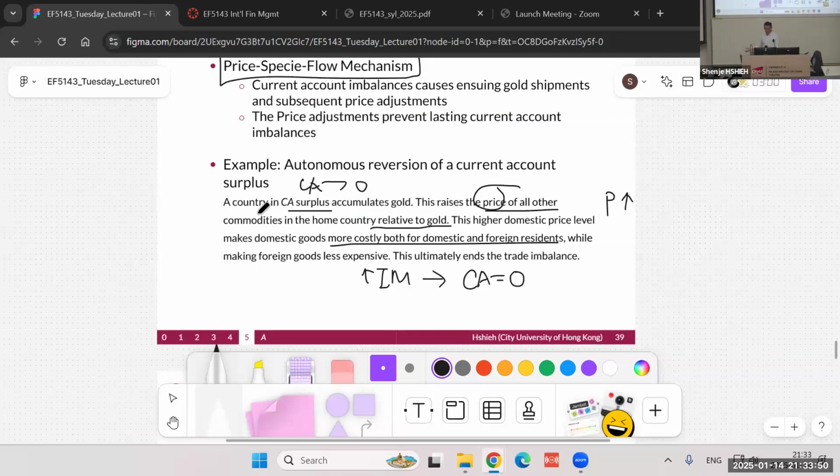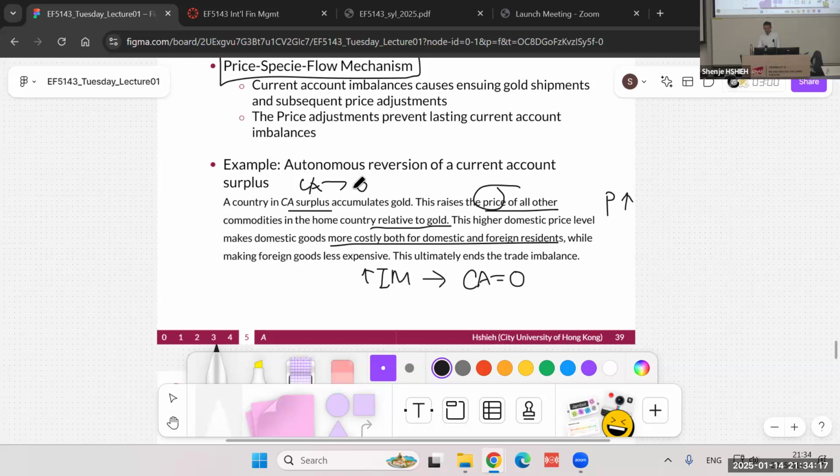Prices rise as a result of the current account imbalance, but as prices rise, countries want to substitute away from expensive goods for cheaper foreign goods. And once they do that, imports start rising and the current account balance restores back to where it was previously, assuming that goods and services are substitutable. Okay, that's the economic explanation.